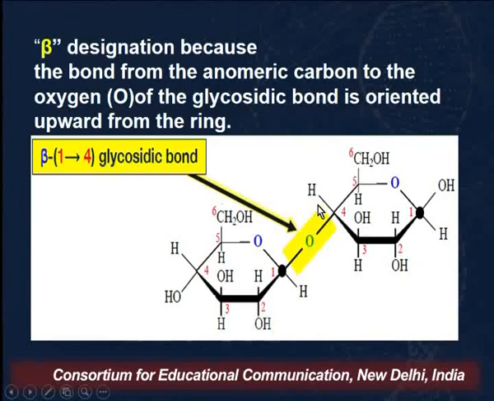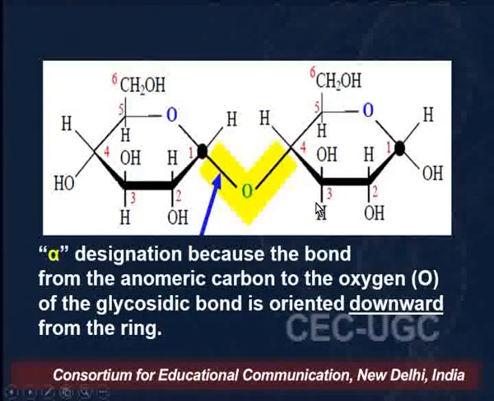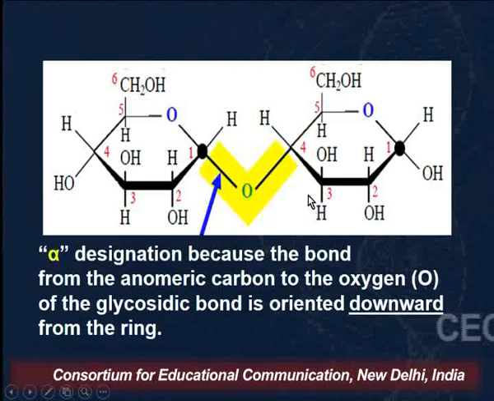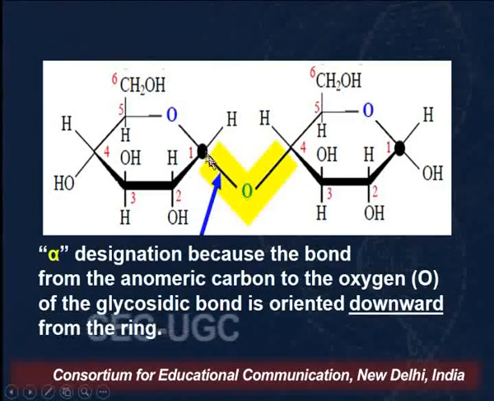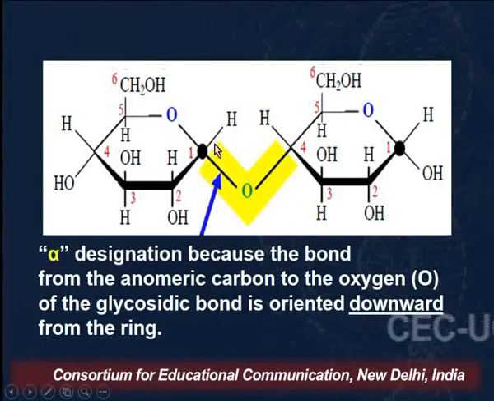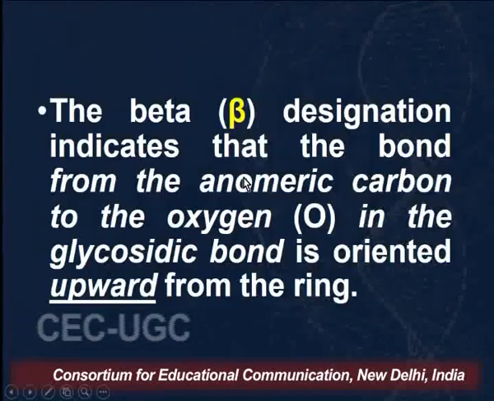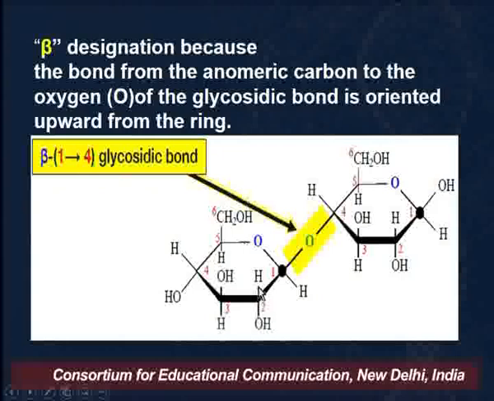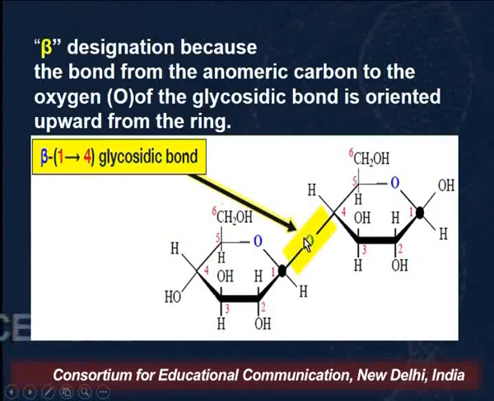Whereas in the alpha form, the bond from the carbon to the oxygen is pointing downwards in the glycosidic bond. So this is known as the alpha designation, and beta is where the bond from the carbon to the oxygen is pointing upwards.